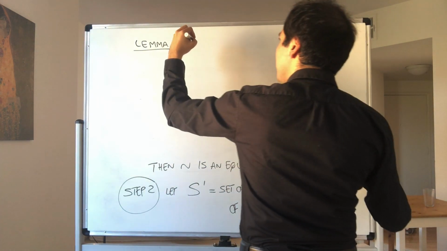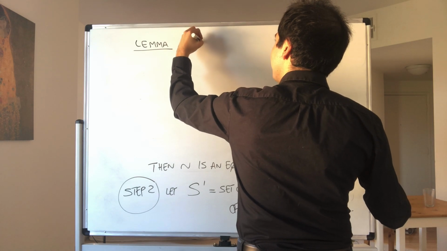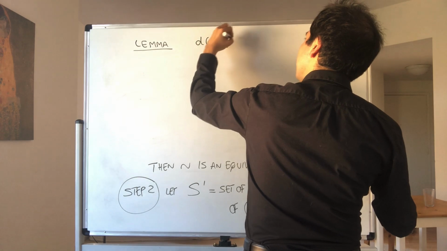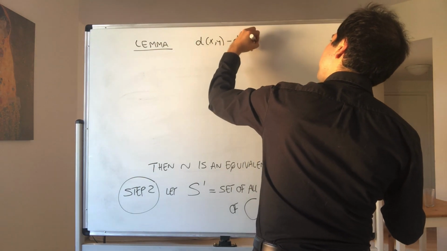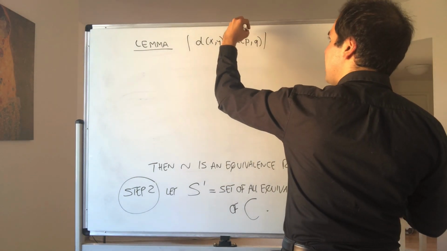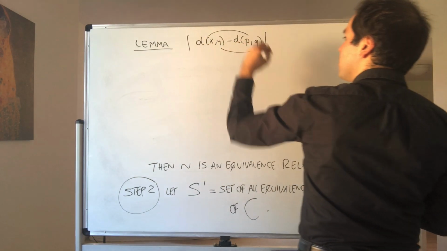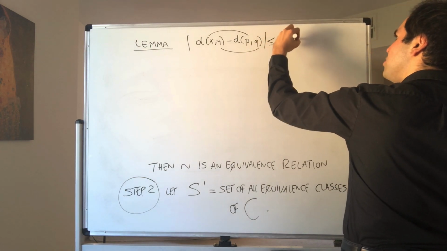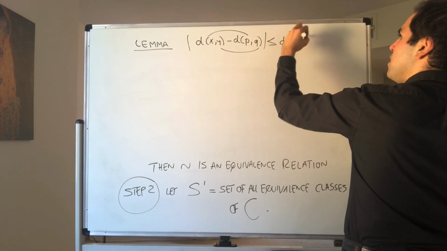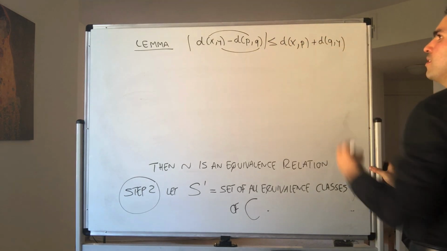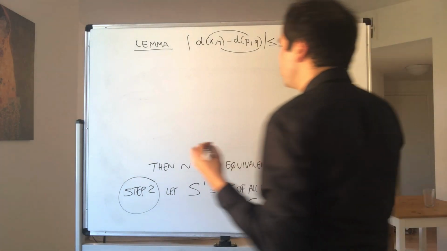In general, if you consider the difference, dxy minus dpq, a lot of times what we would like is to interlace the two things. And it turns out it's always true that it's less than or equal to dxp plus dqy. Alright, and how do you show this?